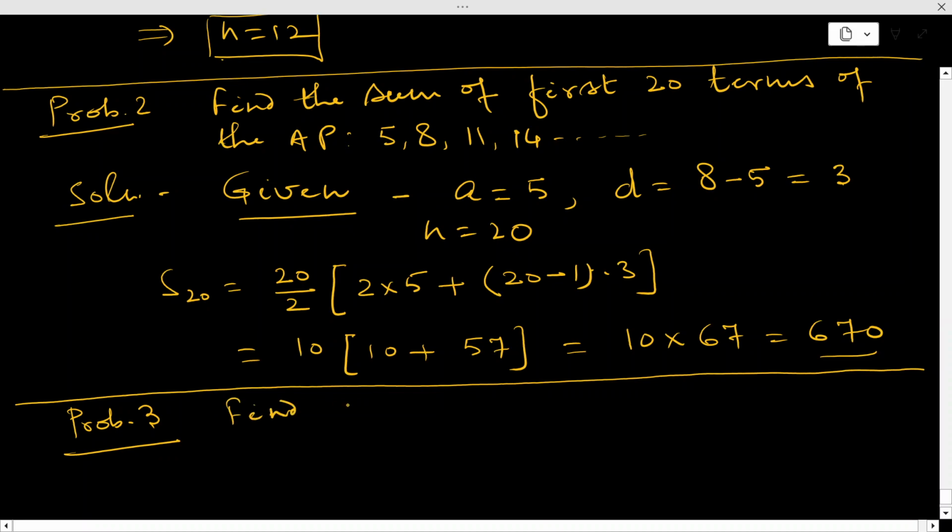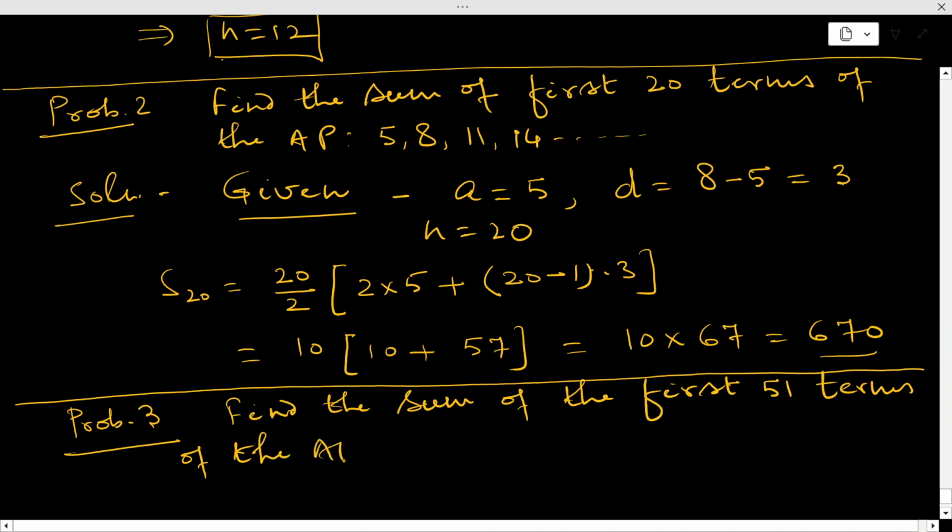We have to find the sum of the first 51 terms of the AP whose A2 is 2, means the second term is 2, and A4 is 8.